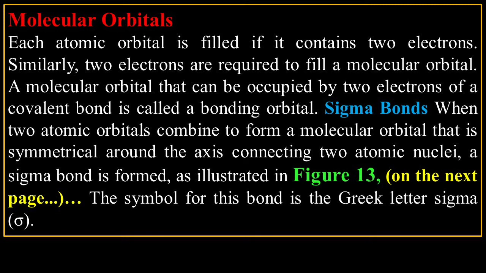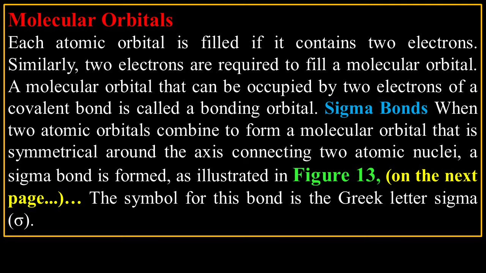Each atomic orbital is filled if it contains 2 electrons. Similarly, 2 electrons are required to fill a molecular orbital. A molecular orbital that can be occupied by 2 electrons of a covalent bond is called a bonding orbital.